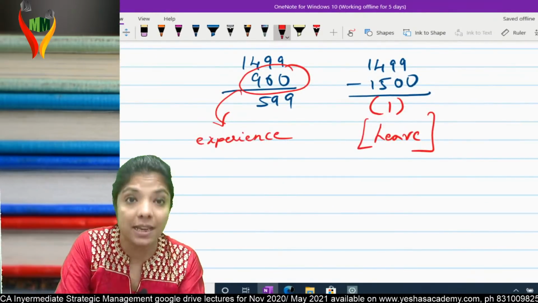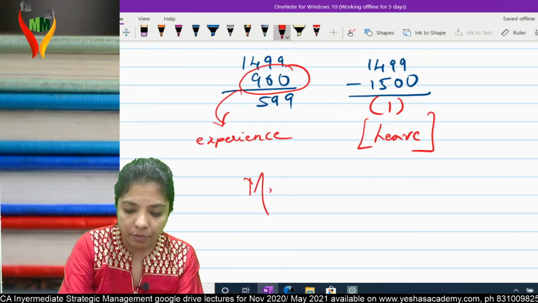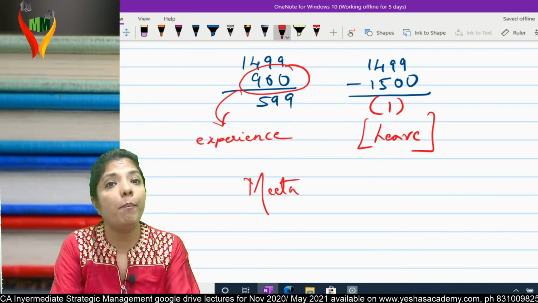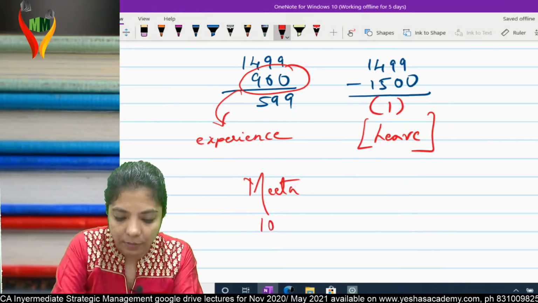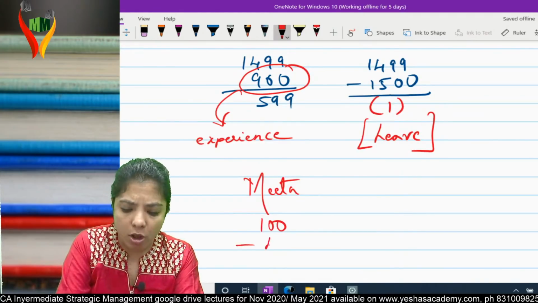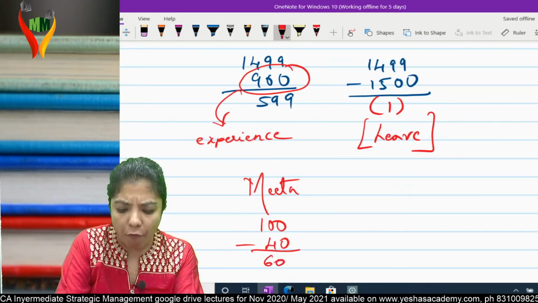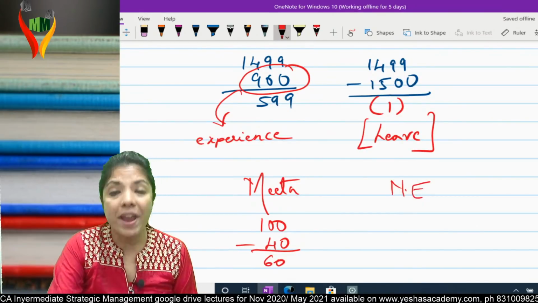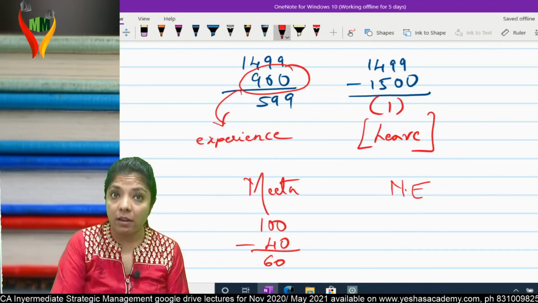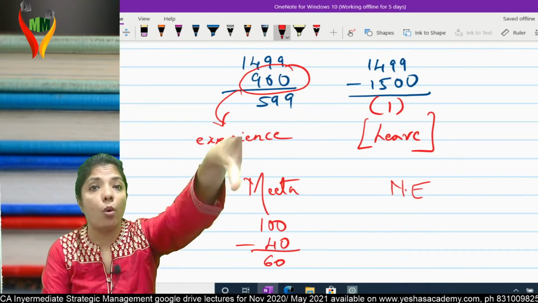Suppose I am already a player in the market and I am selling something for 100 rupees. My cost is 40 and my profit is 60 and I am doing good. Now a new entrant has entered the market. New entrant means people don't know him.